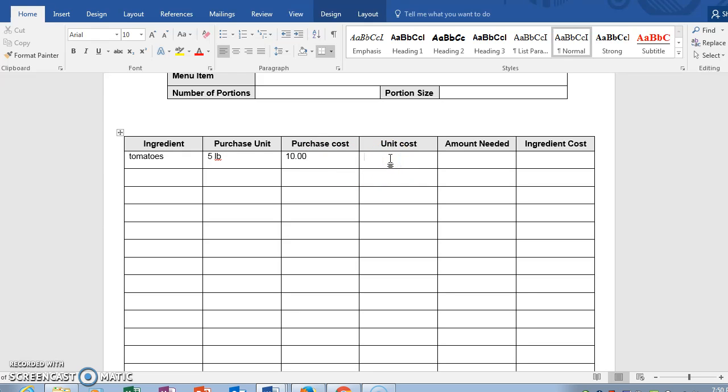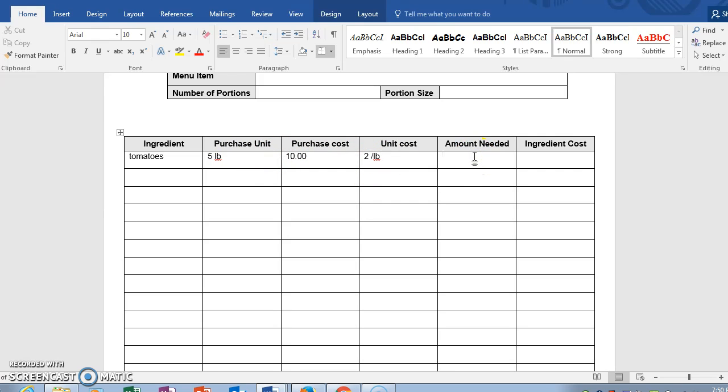Okay, that would bring it down to $2 per pound, because if we had 5 pounds at $10, we would divide the 10 by the 5 and come up with $2 per pound.